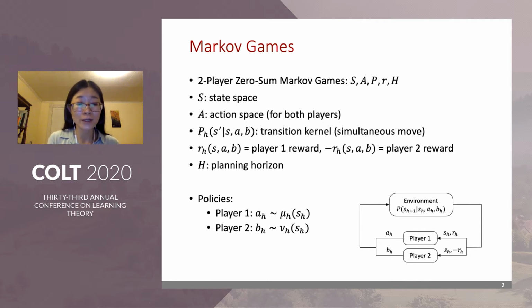In the game setting here, we use mu and nu to denote the policies for player 1 and 2, respectively. At step h, player 1 samples an action from the distribution mu_h, and player 2 samples an action from the distribution nu_h. Then player 1 and 2 receive the reward R and minus R respectively, and the system transitions to the next state according to the transition kernel.